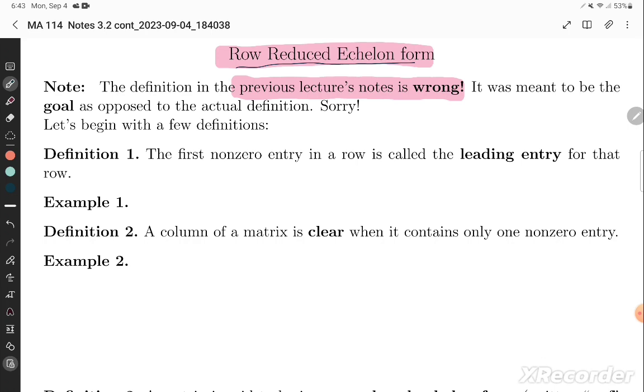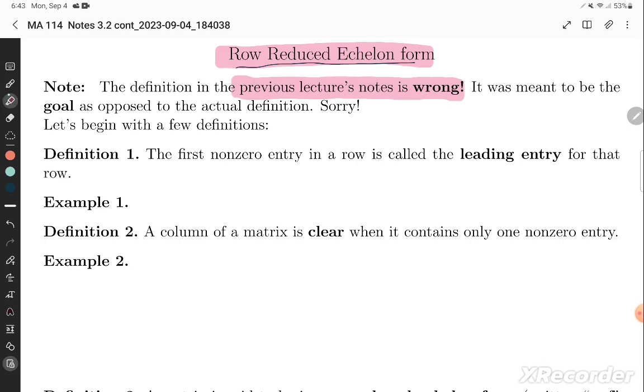But first, we just have to go over again what it means to have a matrix in row reduced echelon form, because last week, the definition I had down for row reduced echelon form matrices was the wrong definition. So let's clarify some things and go over some new definitions first.